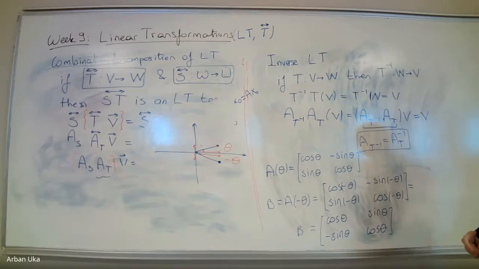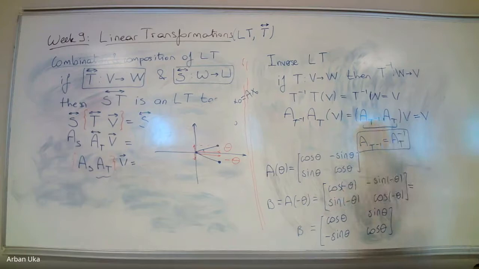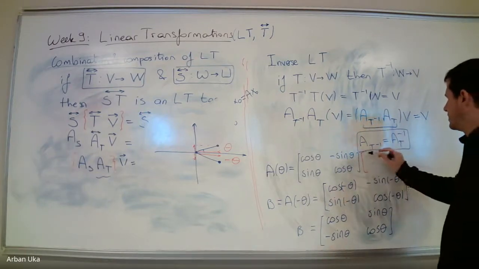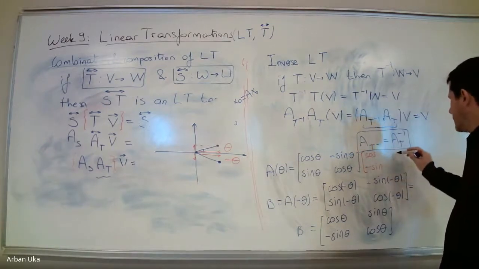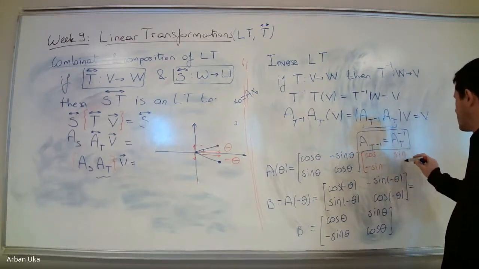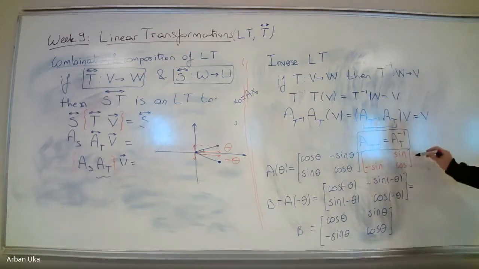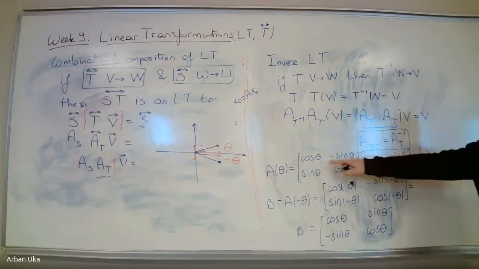So at this stage, what we can do is simply multiply matrix A with matrix B and see what we get. To make it simpler, I can multiply it here: cosine, minus sine, sine, cosine. I just multiply the B right here. The answer here would be cosine squared plus sine squared, which is 1.